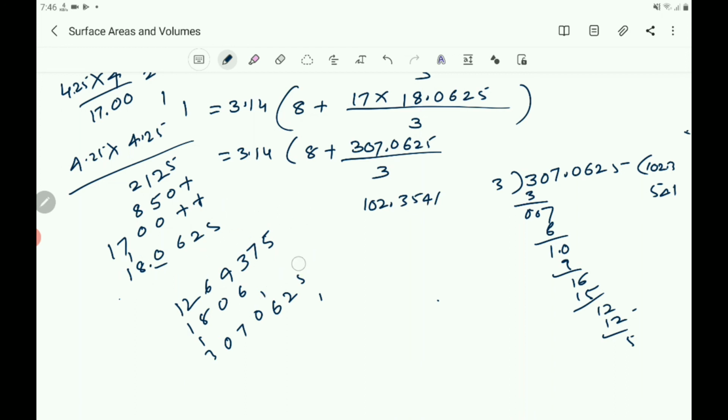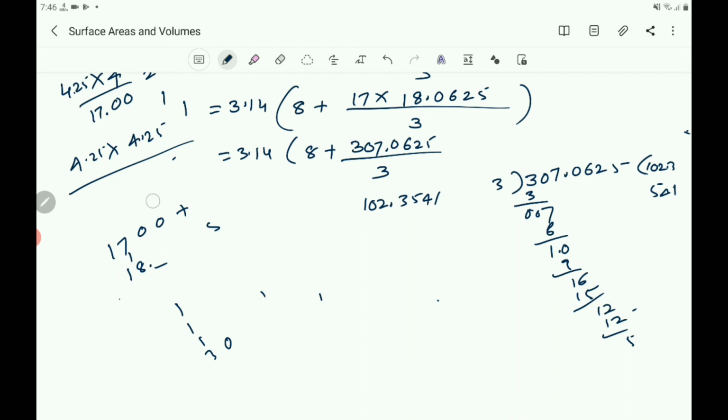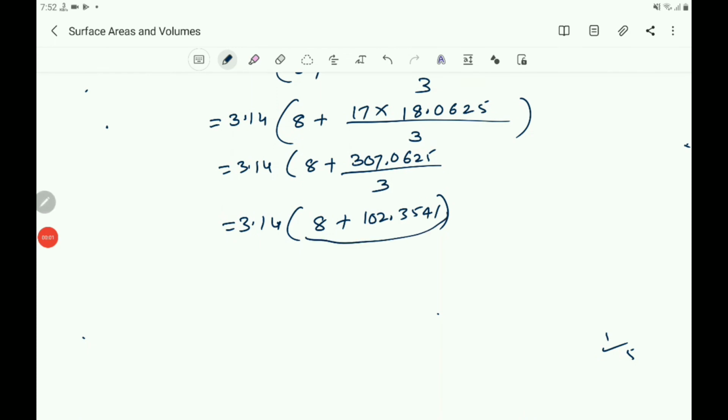So right, the product is 3.14 into 8 plus 102.3541. Then you get the sum of these two.